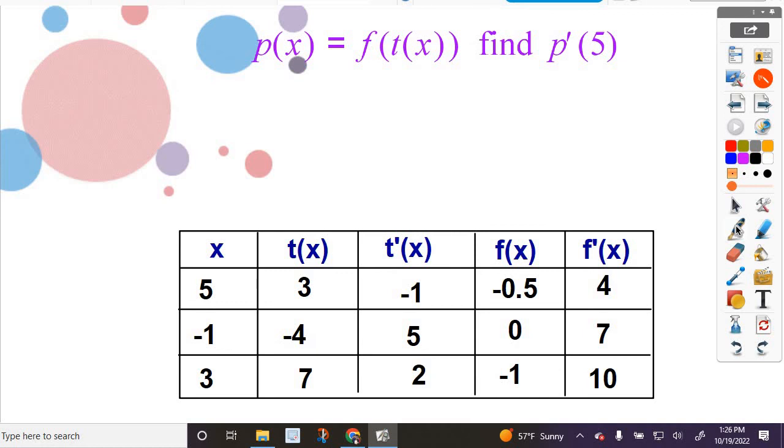It should be a number, because you're plugging in. So then I'm gonna plug 3 into it.